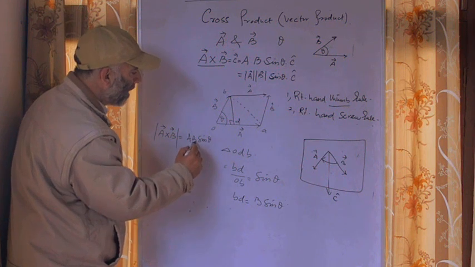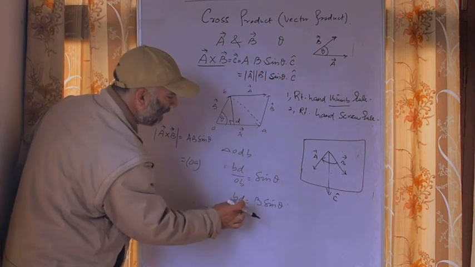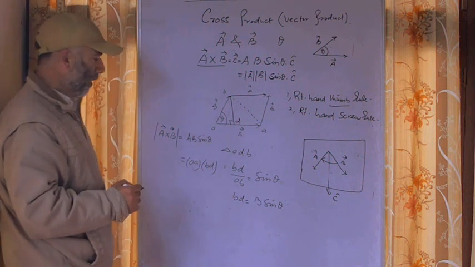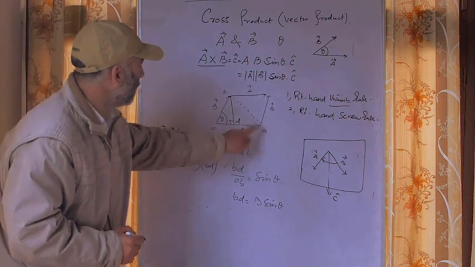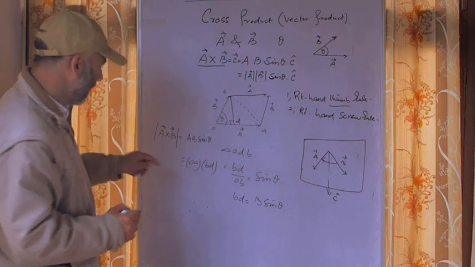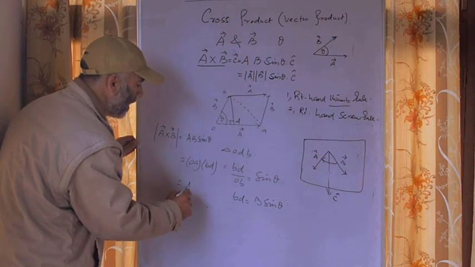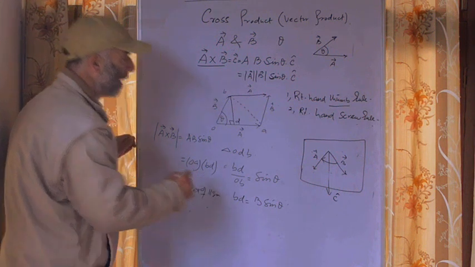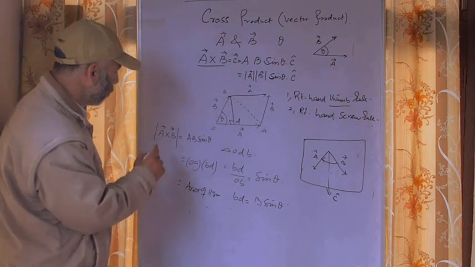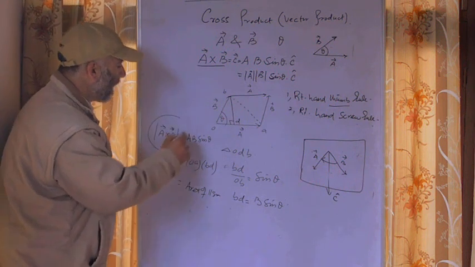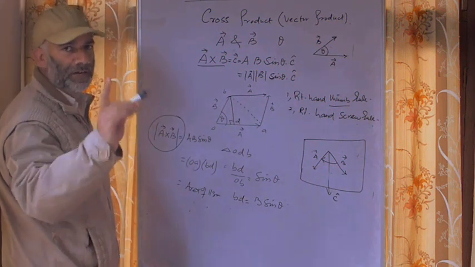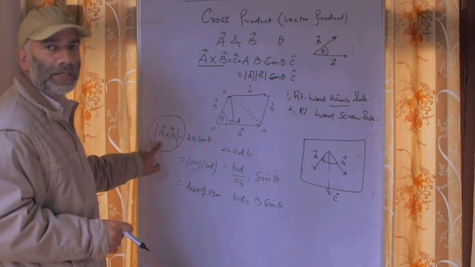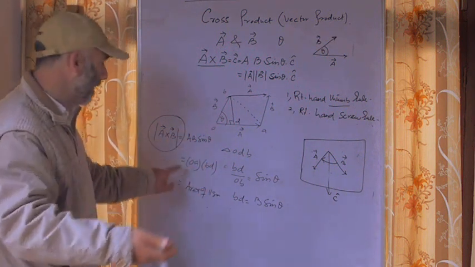And B sine theta is BD. So OA into BD is equal to area of parallelogram, base into altitude. So magnitude of cross product of the two vectors, geometrical meaning: magnitude of cross product of the two vectors is equal to area of the parallelogram.